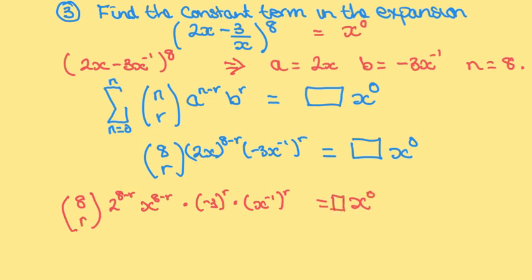So x to the 8 minus r times x to the power of minus r, I've just multiplied it out, must equal x to the 0. We have the same base, so we can solve for r. So 8 minus r equals 0. Therefore, r equals 4.